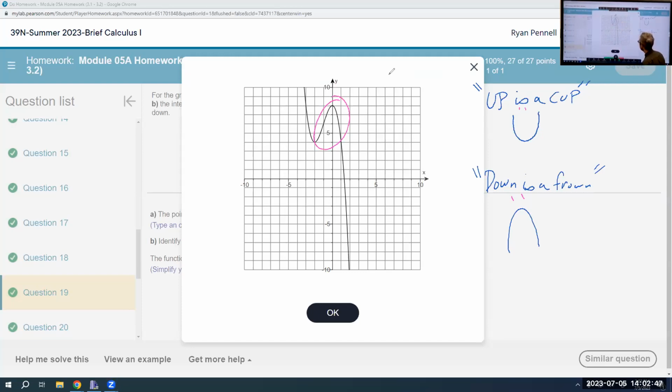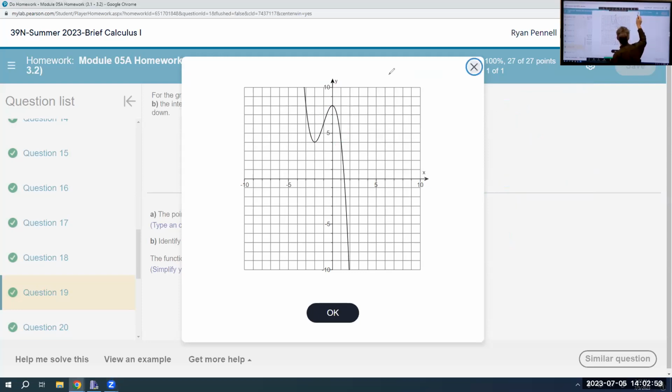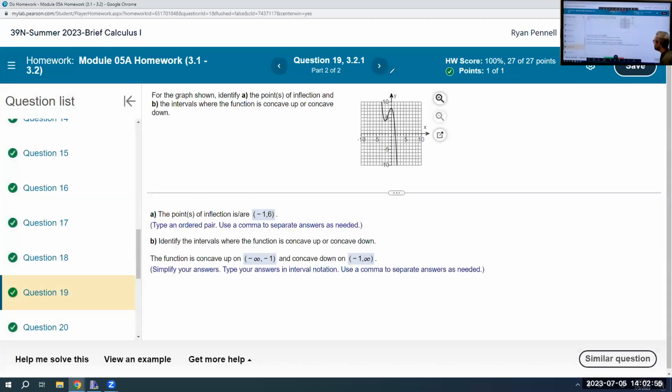From -2 to infinity, it's like a frown. So let's talk about how you enter that in. The function is concave up from -infinity to -1, and concave down from -infinity to infinity. So up is a cup, down is a frown. That's how you can determine that.